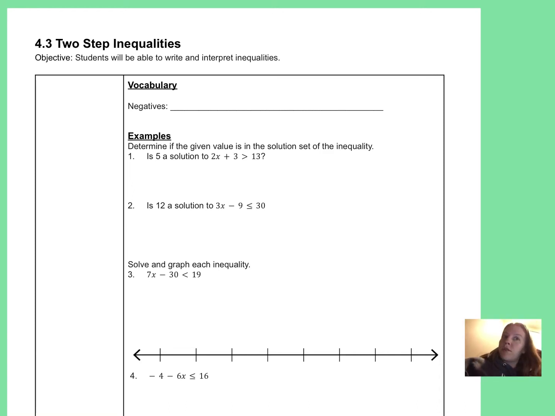For lesson 4.3, we're going to be looking at two-step inequalities, and we're going to start with the same vocabulary as last time because this one is so important that we remember to do this.